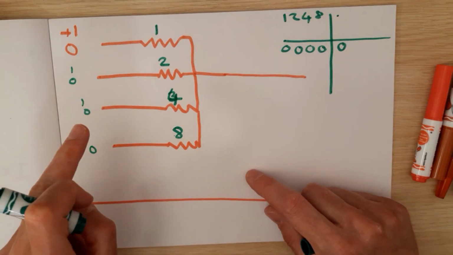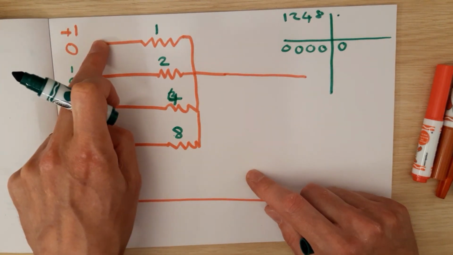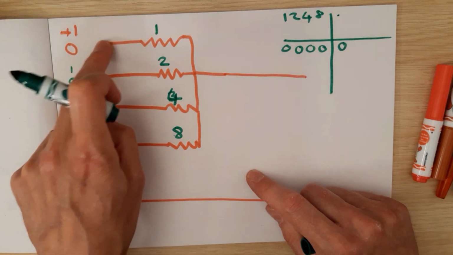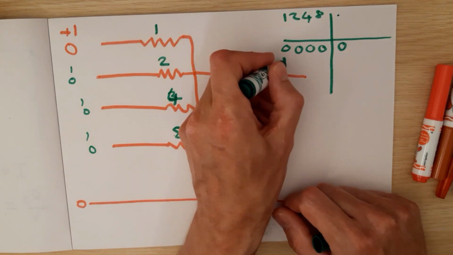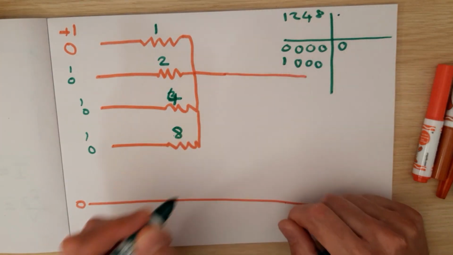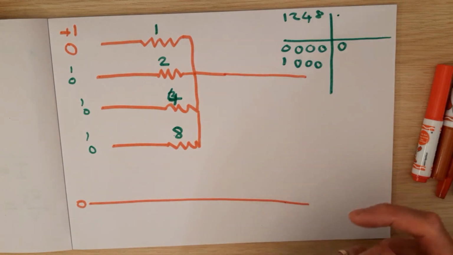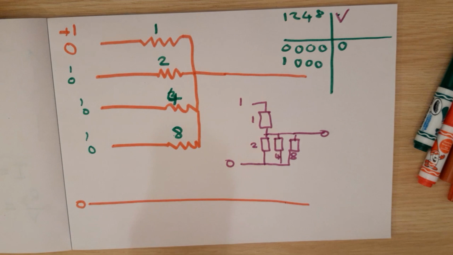What would happen if we made resistor 1 a 1? So we're going to connect resistor 1, which is 1 ohm, to 1 volt. So this is 1 volt, this is 0, 0, 0. This gives a circuit diagram that looks like this. So what's the voltage V at this point?